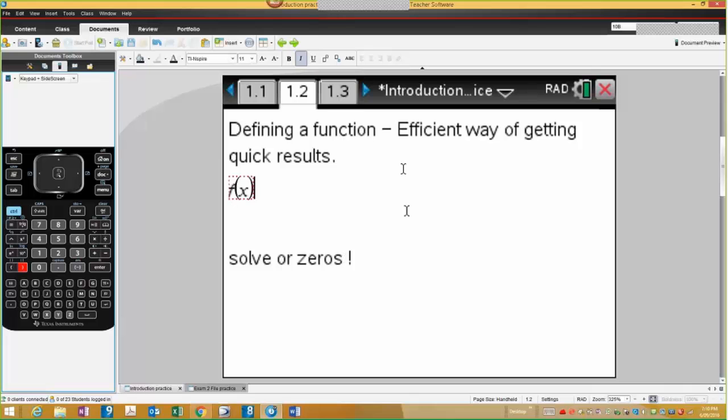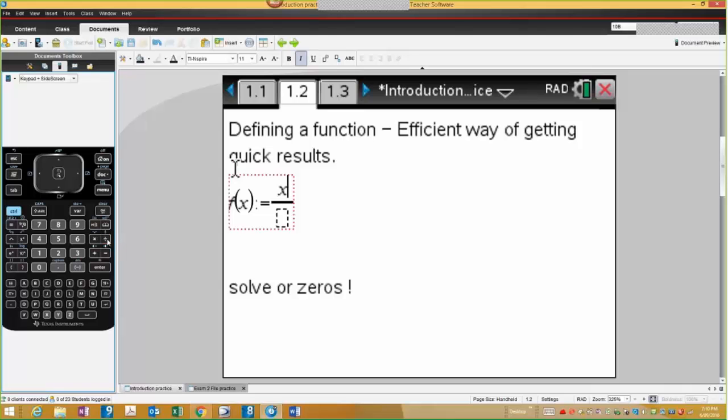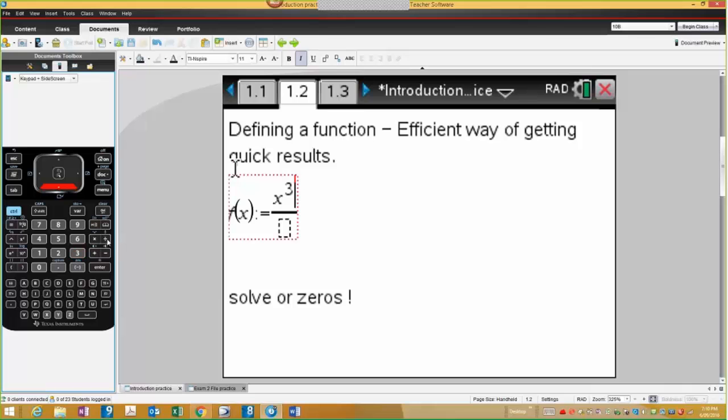With my cursor over, Control and Assign, and we'll open up a fraction template. x cubed over 600. Oops.